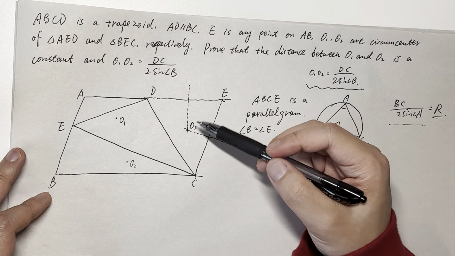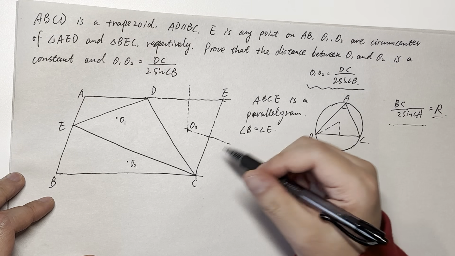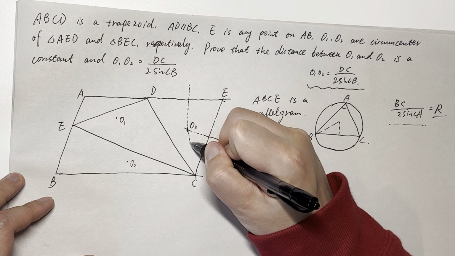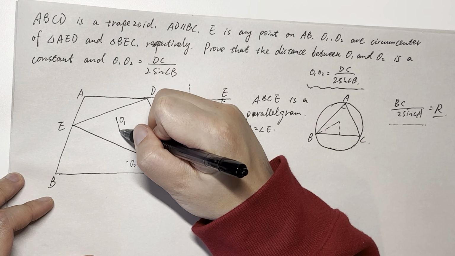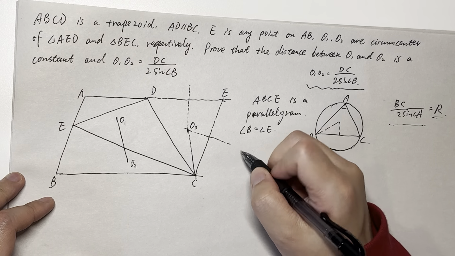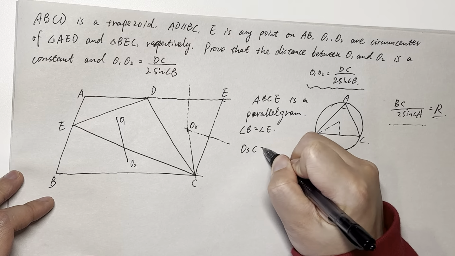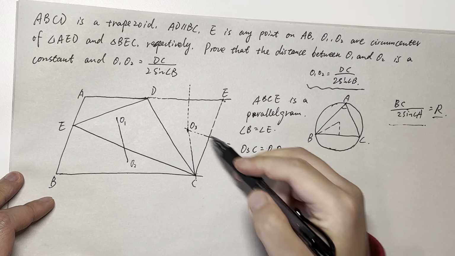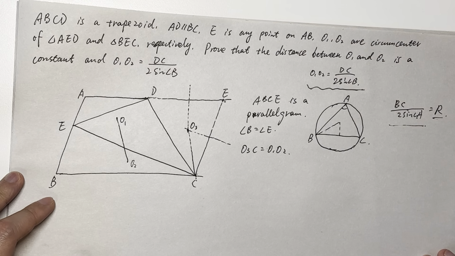O3 is the circumcenter of triangle DCE. So basically, we want to prove that O3C equals O1O2. Right? We want to prove O3C equals O1O2. Because O3C, that's DC divided by 2 sine angle B.